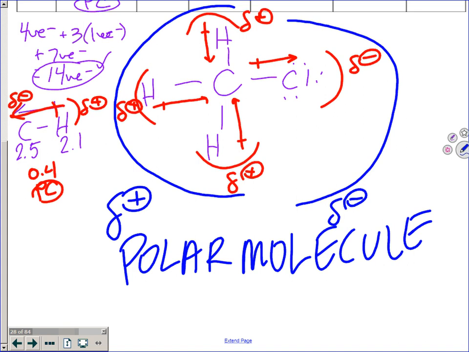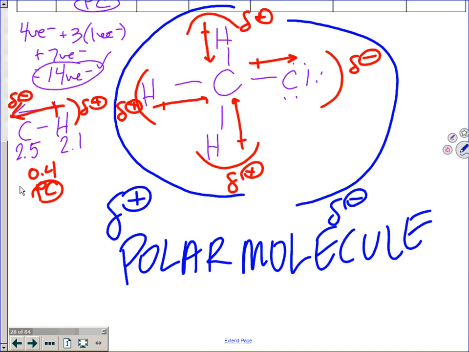If it were equal distribution of charge, I would have positive, positive, positive, positive. If it were positive all the way around, it would be considered non-polar. Like positive, positive, negative, negative. This shape will not allow for cancellation. So come back to me. What I've just done for you is discuss molecular polarity yet again.